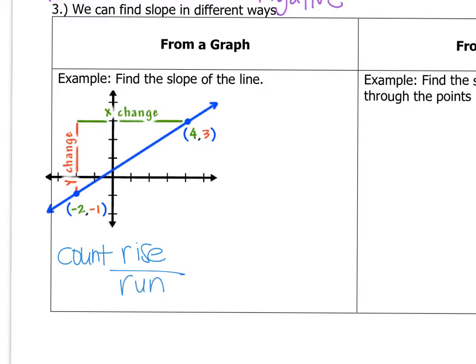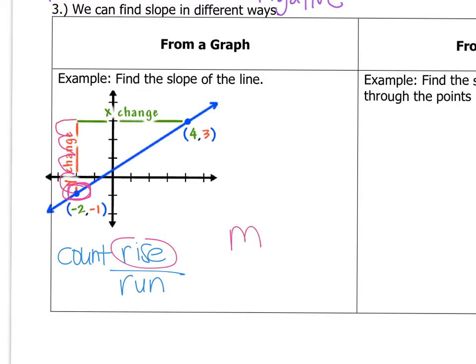So we are always going to start with the point on the left, and we are going to count first the rise, meaning up or down. So from this point, we go up 1, 2, 3, 4 units to get to the next point.